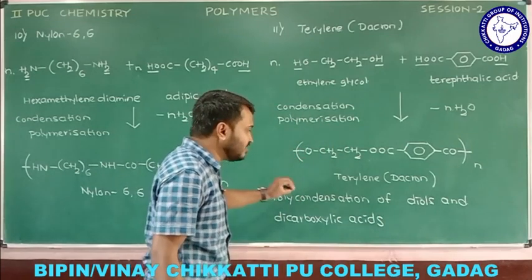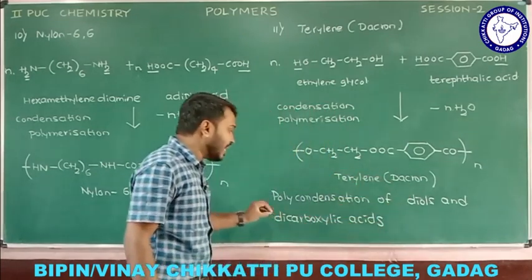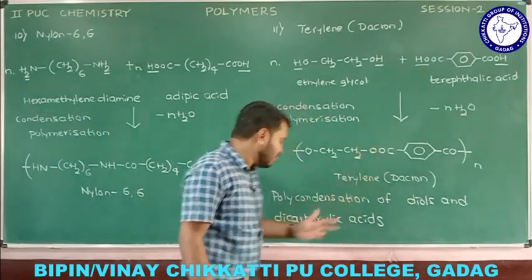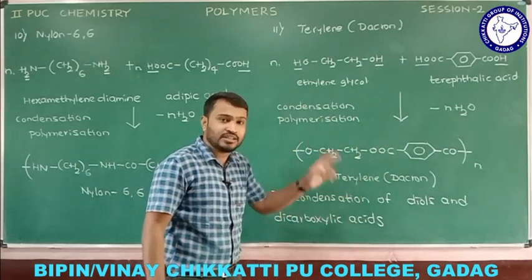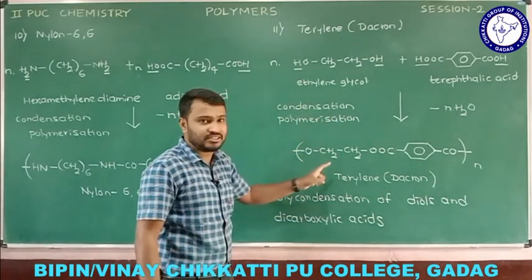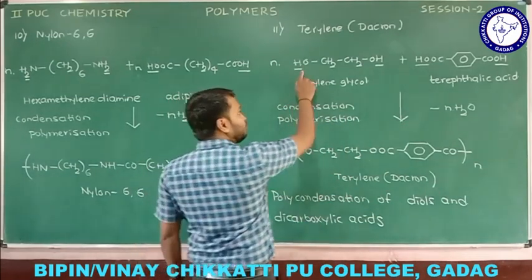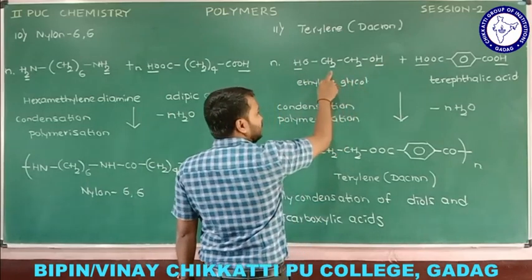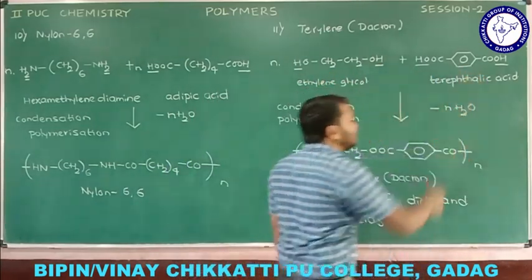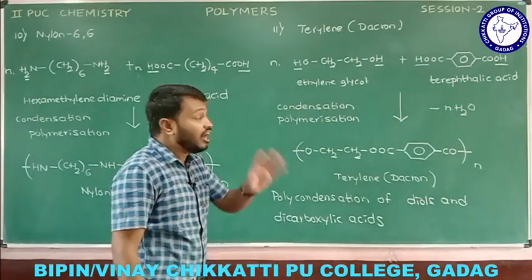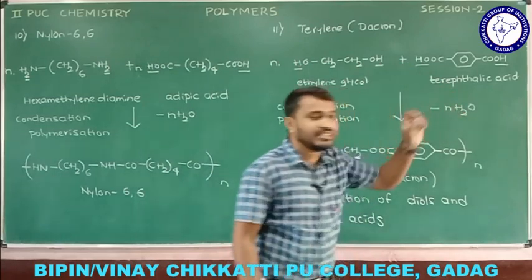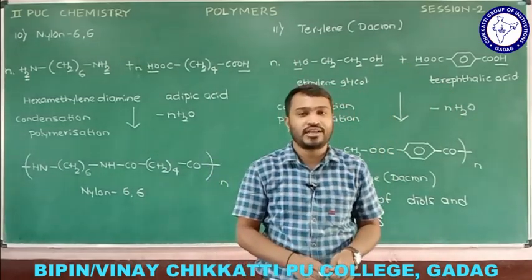If there is polycondensation of diols and dicarboxylic acid, in diols we should have two alcoholic groups, and in dicarboxylic acid, two carboxylic acid functional groups. Now if you remember the structure, you can guess, since we have two alcoholic groups, this is a diol, and since we have two carboxylic acid groups, this is a dicarboxylic acid. Remember, if we have a diol and a dicarboxylic acid, definitely you are going to get a polyester.